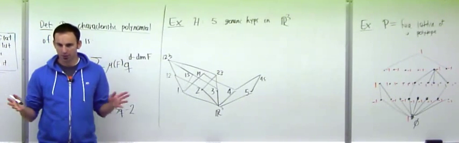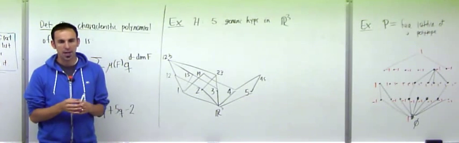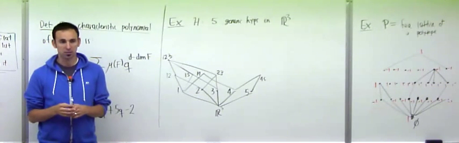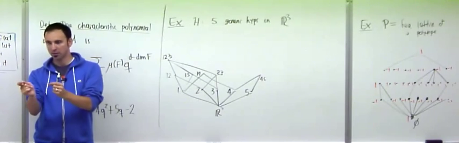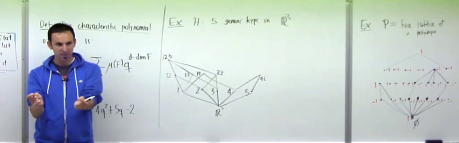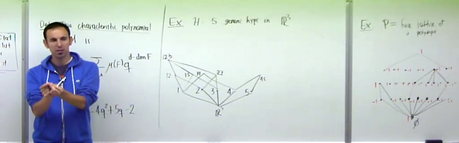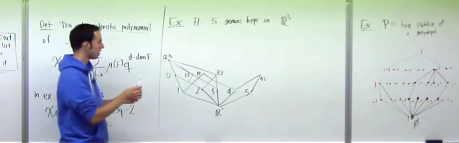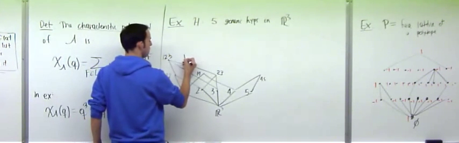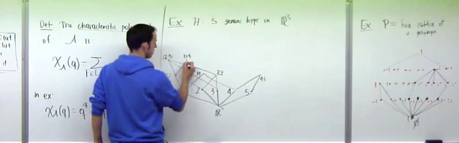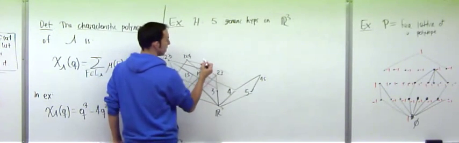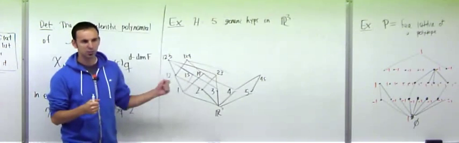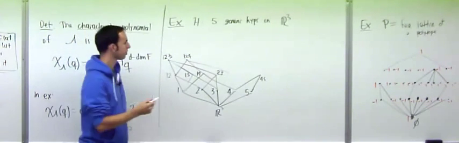Well, they also intersect in a point, and that has to be a different point by genericity. Because if 1, 2, 3 intersected in a point, and 1, 2, 4 intersected in the same point, then 1, 2, 3, and 4 would go through that point, which is not generic. So that means that we get 1, 2, 4, and so on. The point being that every single triple gets a different intersection.